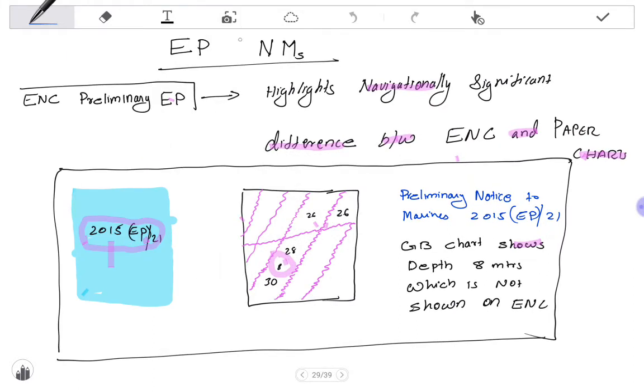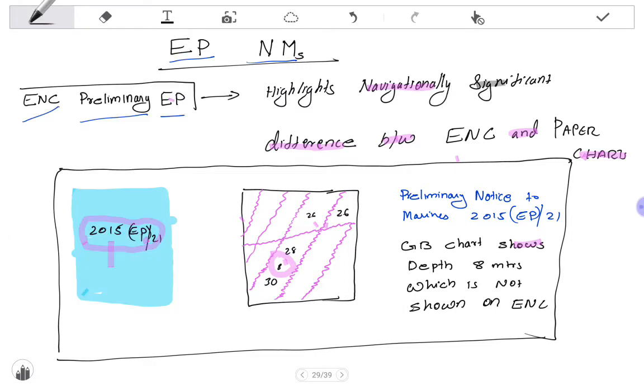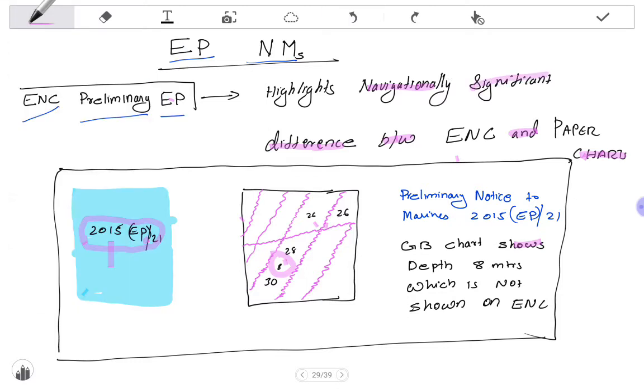Another thing, like a TNP notice, is something called EP notices to mariners. EP means ENC preliminary. That is the short form. The purpose of this is to highlight the navigationally significant difference between the ENC and paper charts.